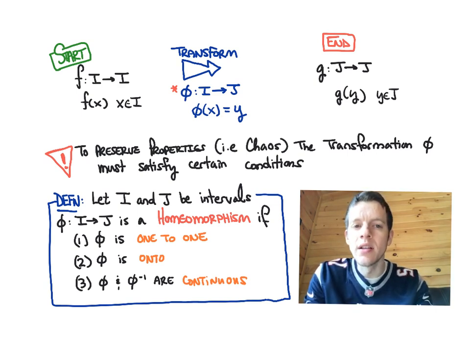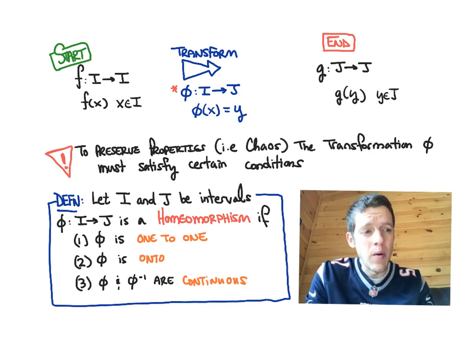Now, phi is going to take an interval I to an interval J, and a homeomorphism is defined as a mapping that satisfies three properties. The three properties are that phi has to be one-to-one, onto, and that phi and its inverse are continuous. I recognize that some of you might not be familiar with the words one-to-one and onto, so on the next slide I'm going to give you an overview of what that means.